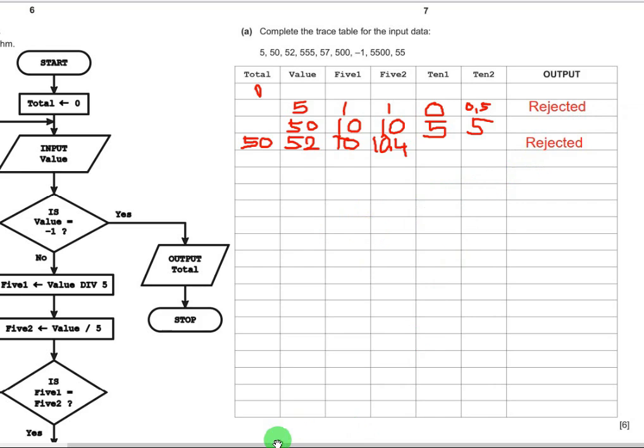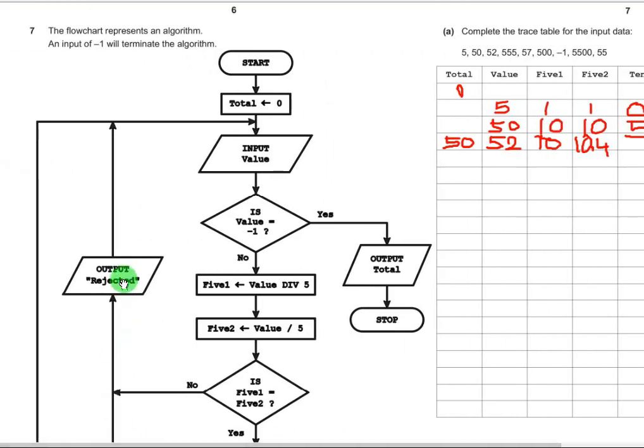Let's move on. What happens after it's rejected? It goes up over here and goes to the next input value. After 50 and 52, the next one will be 555. So write down over here 555.